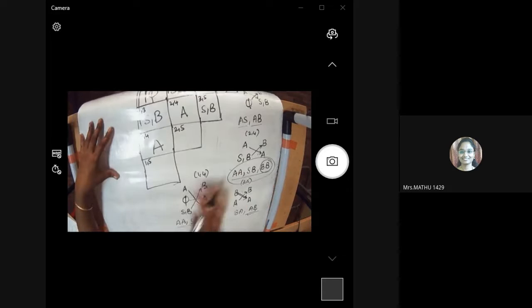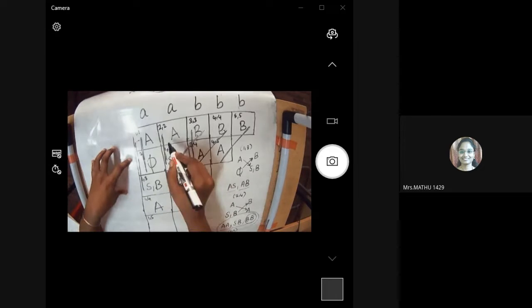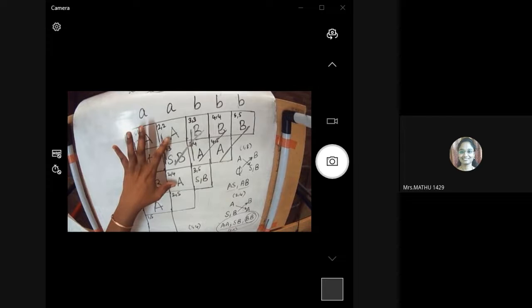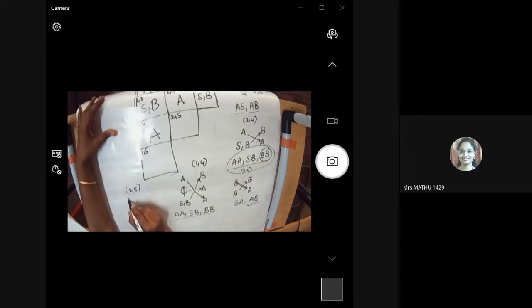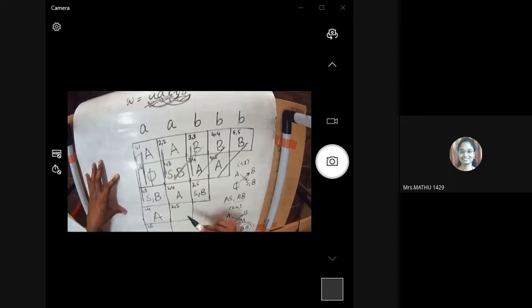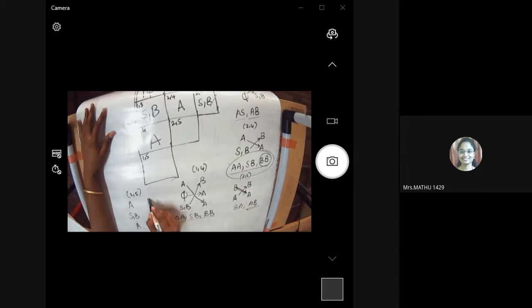And then 2, 5. For 2, 5, what variables do you have to take? A, SB, A. So write it A, SB, A. And here the diagonal is BA, SB.